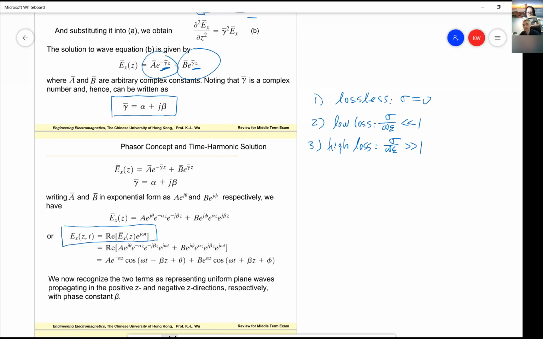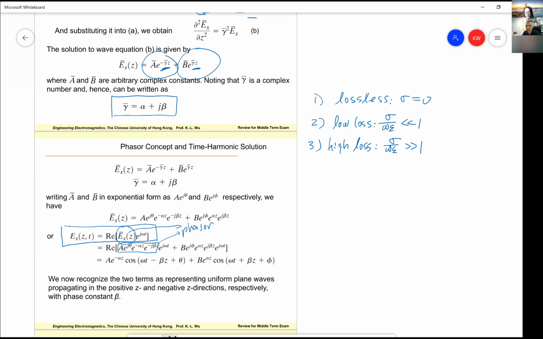This is how we define the phasor. This is a phasor, specifically, right?